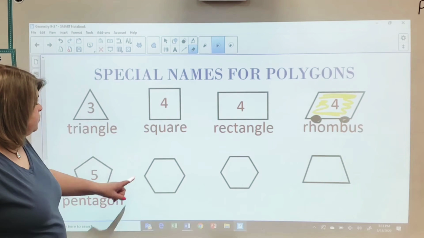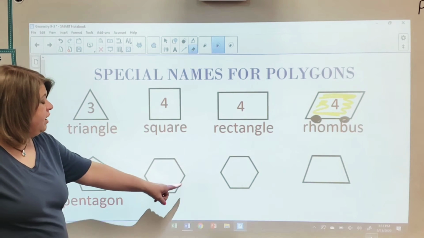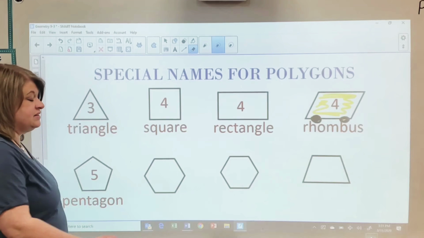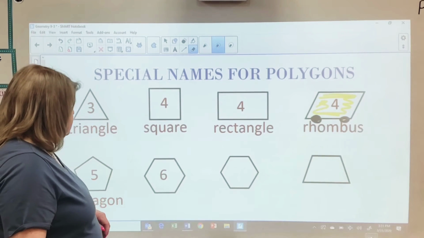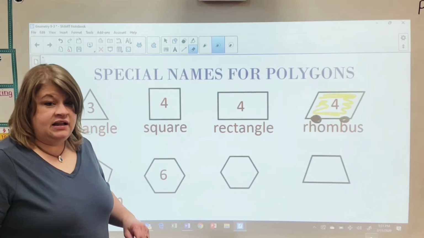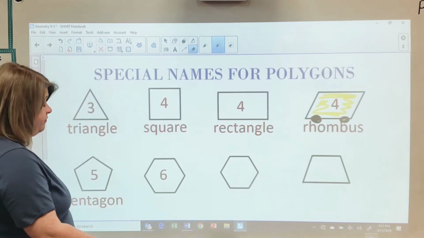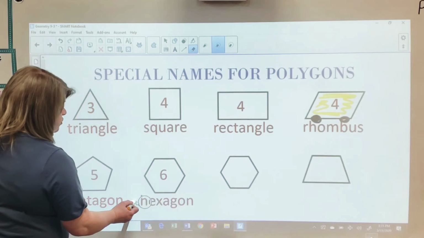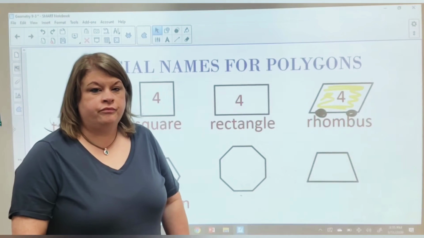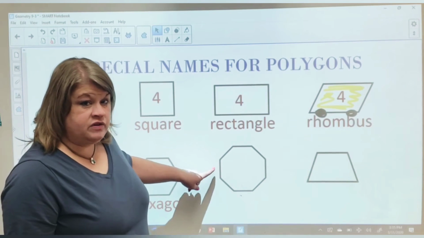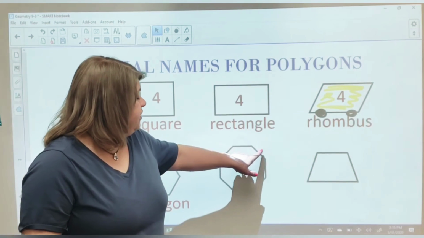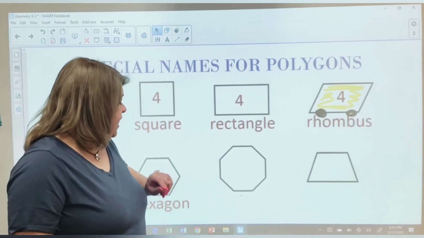All right, let's come here to this one. I see 1, 2, 3, 4, 5, 6 sides. Do you remember what a 6-sided polygon is called? Anybody? Were you right? Did you know it was a hexagon? All right, let's look at the next one. Here we have this figure that's a polygon. 1, 2, 3, 4, 5, 6, 7, 8.